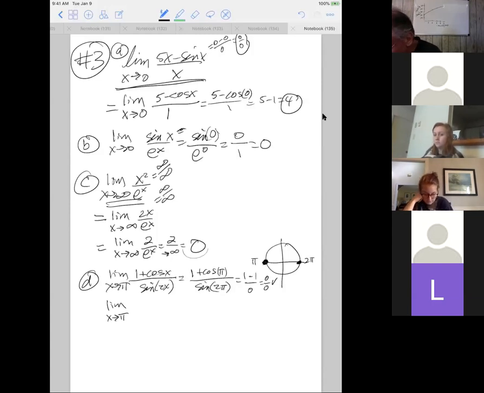So it ends up being just minus sine. And on the bottom, you didn't use the chain rule. There's a 2 in front of that x, so you've got to use the chain rule. The derivative of sine is cos of 2x times the derivative of 2x, which is 2. Put a 2 in front. So now plug in pi, and we get minus sine pi over 2 cos 2 pi.